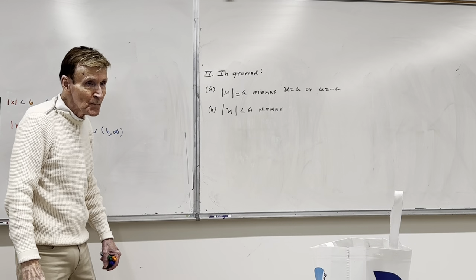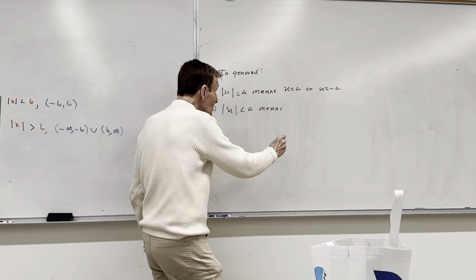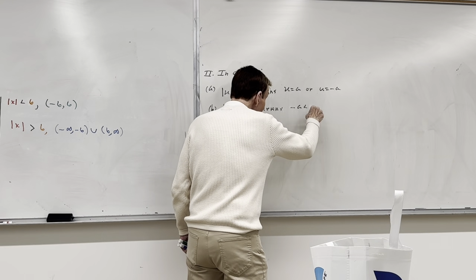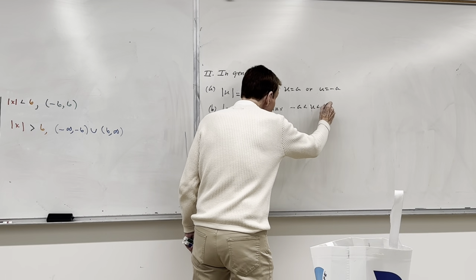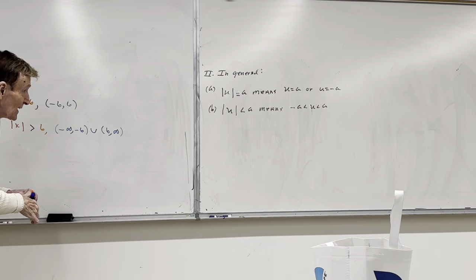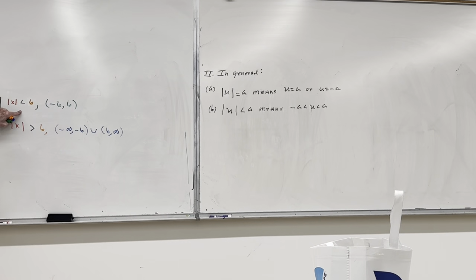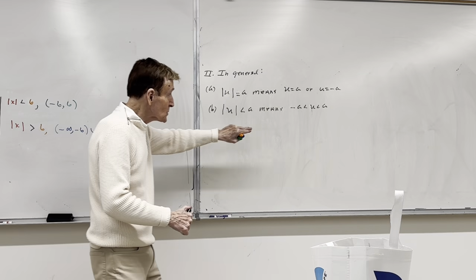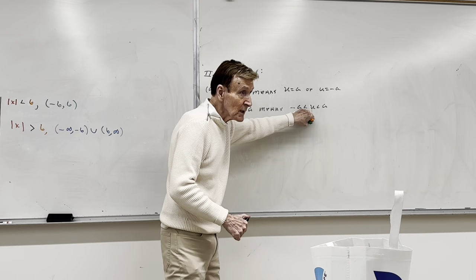It is equivalent to negative A less than U less than A. Guys, the absolute value of x, or U in this case, less than A is like me doing this, and the answer was caught between -6 and +6. That's what they're saying is going to happen. You're caught between a negative A and a positive A.